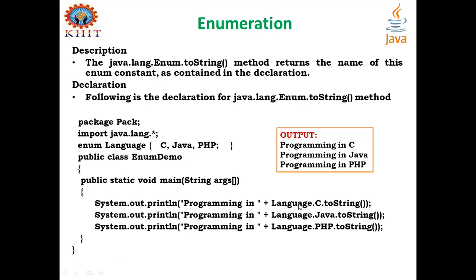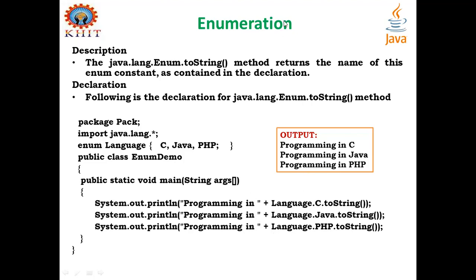You should always call it using the enumeration name dot, then the constant we are taking, that first constant C. Enumeration name, that is Language.C.toString(). Then it returns the first constant value of this enumeration, right? In the same way here also the three constants are used to call this method toString. So this is the output.